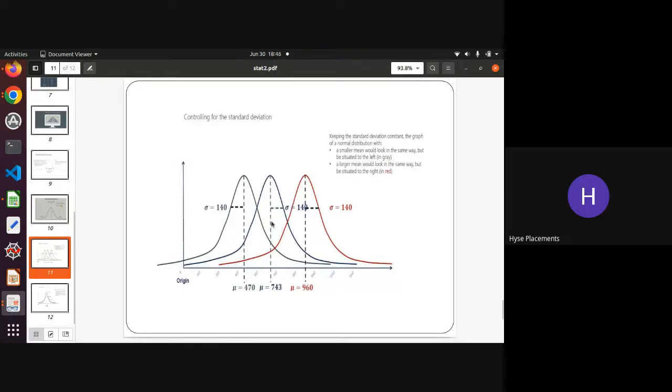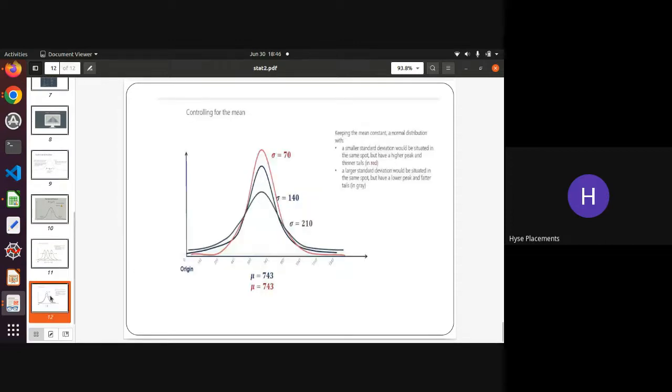A smaller mean would look the same way, but be situated to the left, in gray. If you have a smaller mean, the curve will be shifted towards the left. A larger mean would look the same way, but be situated towards the right, in red. So that will be shifted towards the right.